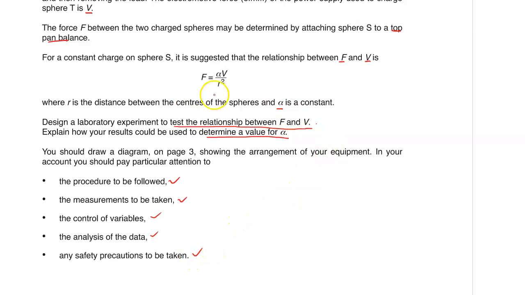So here we need to measure, of course, F. We are told that F is the force between the spheres. It may be determined by attaching the sphere S to a top pan balance. So we can list the quantities that we need to focus on here and the apparatus that we are going to use to measure these quantities.